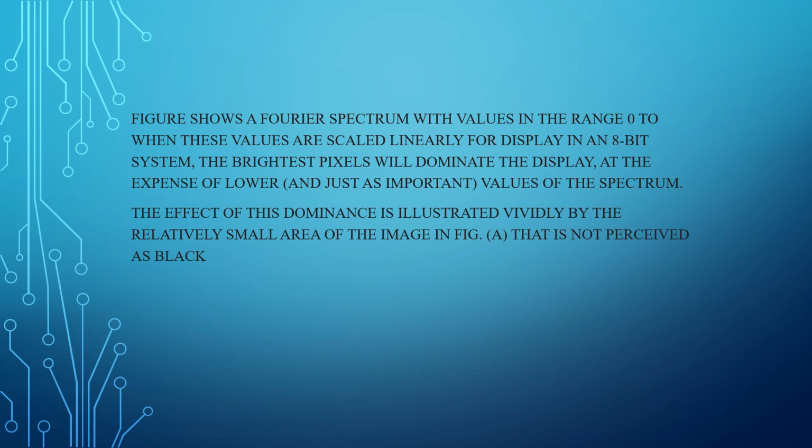The biggest pixel values will dominate the display. The effect of this dominance is illustrated vividly by the relatively small area of the image in the figure that is not perceived as black.